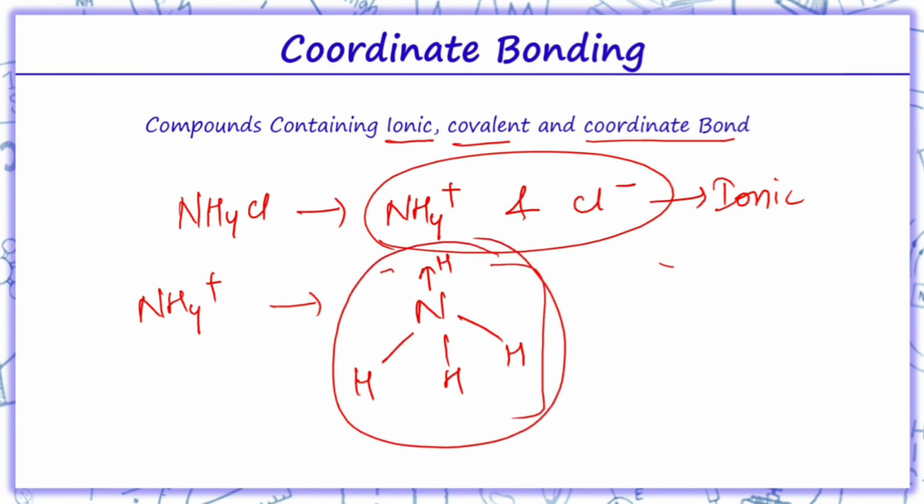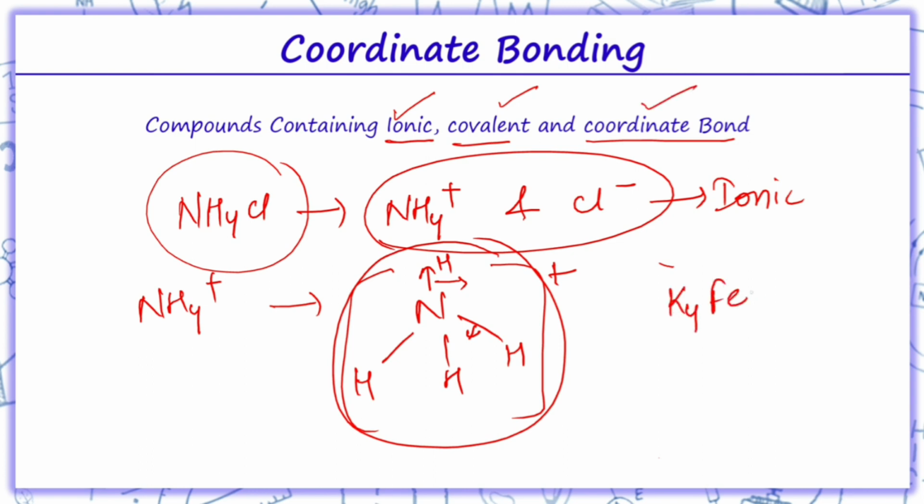So if we look at this whole, it has covalent and coordinate bonds. So NH4Cl has all 3 bondings which we have discussed: ionic, covalent and coordinate bond. Similarly we have one more example, that is K4Fe(CN)6, that is potassium ferrocyanide. So this is how we have studied all the types of bonding, that is ionic, covalent and coordinate.